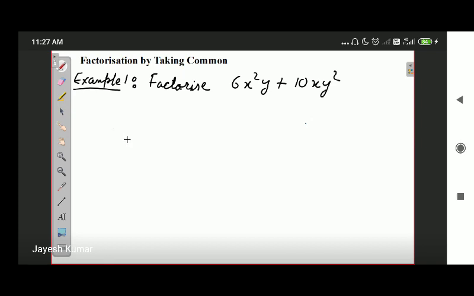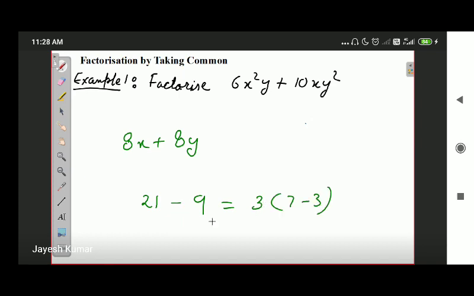Suppose I have a polynomial 8x plus 8y. Or let us take a group of numbers, 21 minus 9. Can you write 21 minus 9 as, taking 3 as common, 7 minus 3?